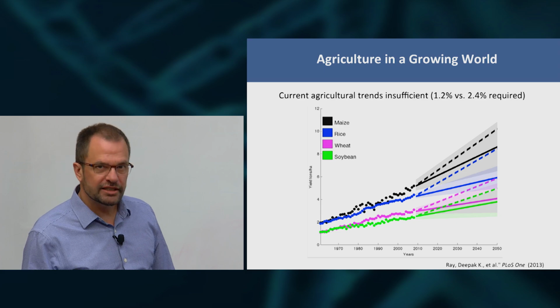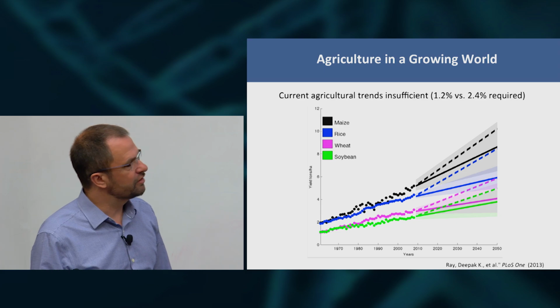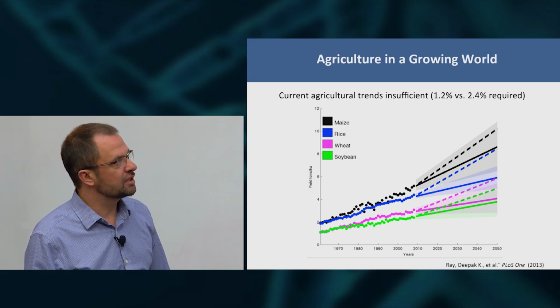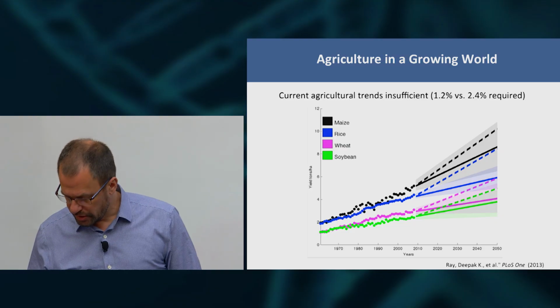As we project population growth on agricultural productivity, we anticipate increases at about the same rate, but the dotted lines here represent where we need to go in terms of production. So there are going to be increasing challenges on agriculture.